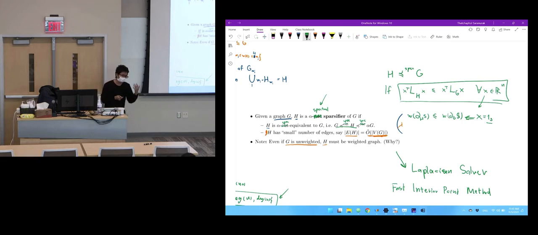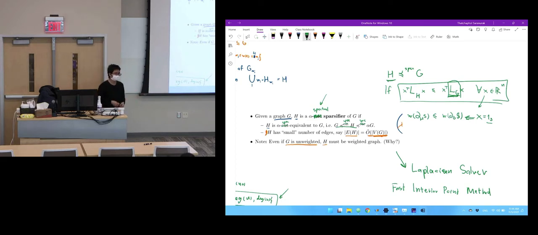some linear algebraic method for a graph problem, the link between this method and the graph is usually via the Laplacian of the graph, because the Laplacian of the graph is like some matrix that is really associated with the graph. And instead of working with the Laplacian of the original graph, if you can get an easier Laplacian to work with, which is the Laplacian of the sparsifier, then it's good for you.